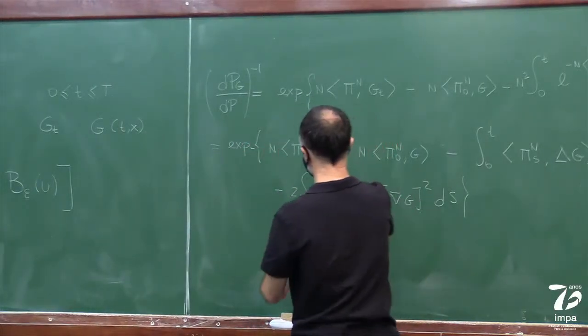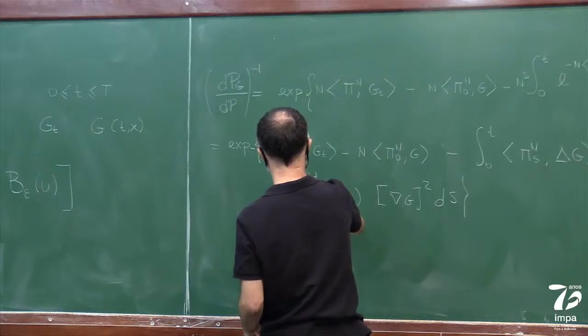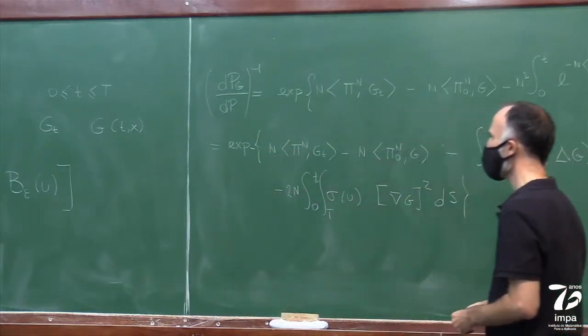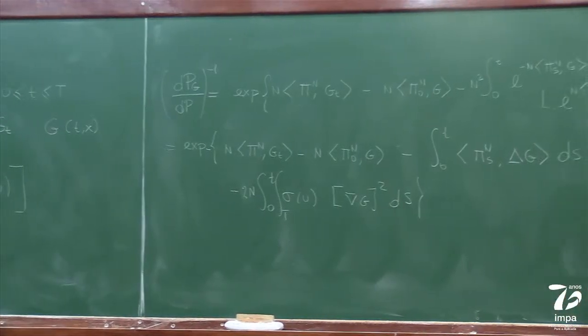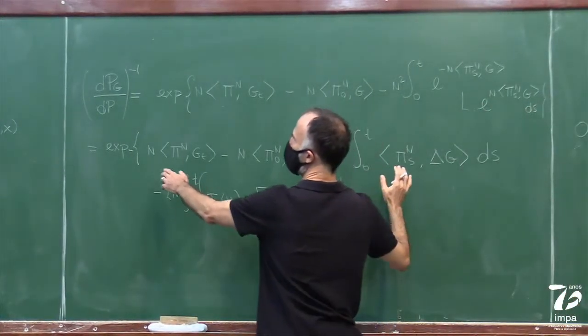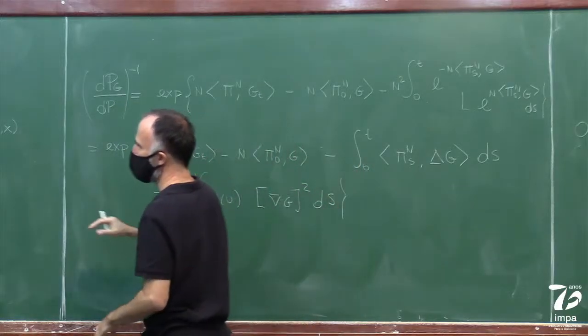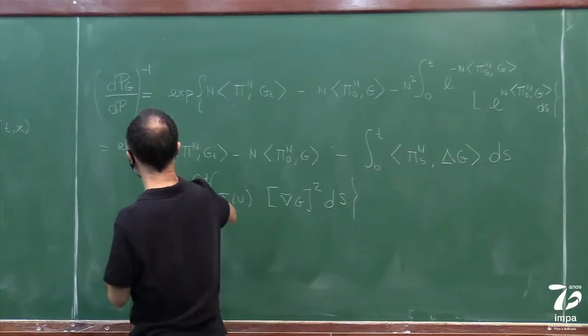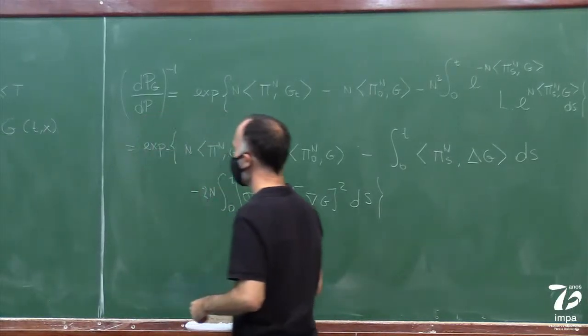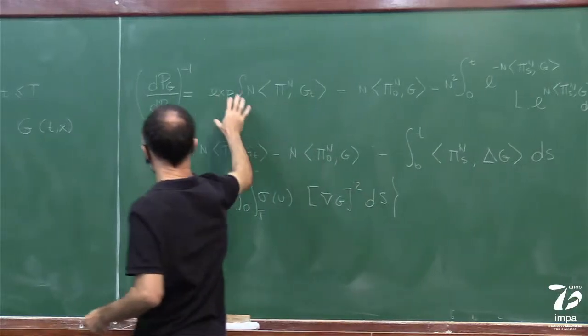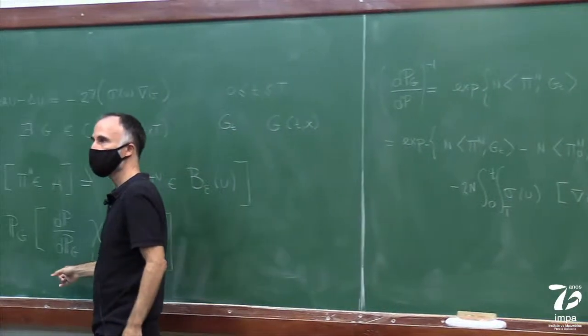Here I have an n, and there is an integral in space. So this is the formula for P_G, the Radon-Nikodym derivative. One over this Radon-Nikodym derivative is just putting a minus sign here.